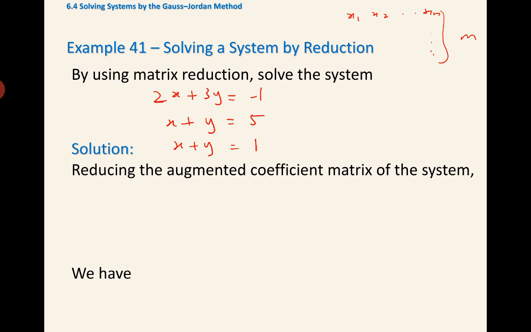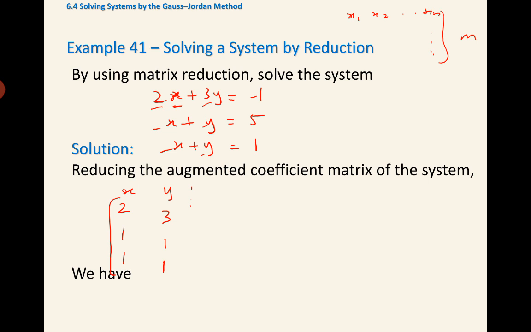Now we collect an augmented matrix, collecting all the elements in the matrix. The coefficients of x are 2 1 1, written here in the column of x. The coefficients of y are 3 1 1.